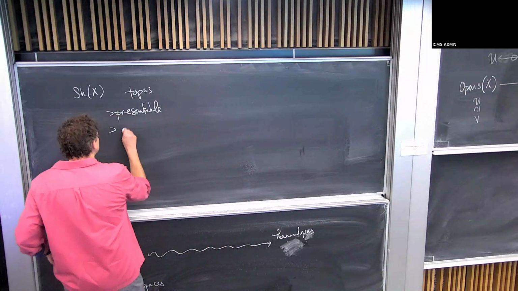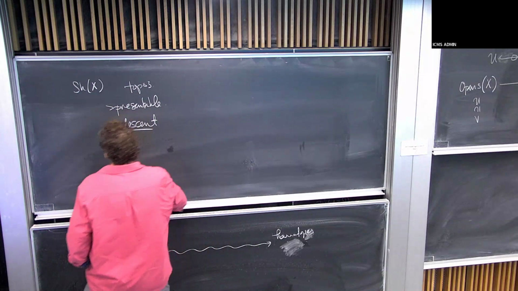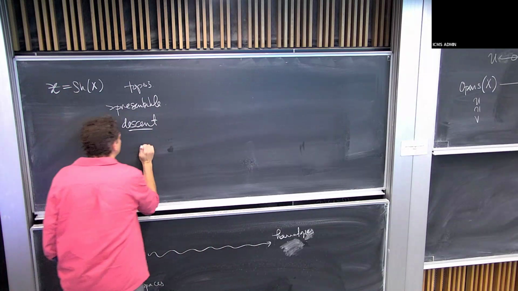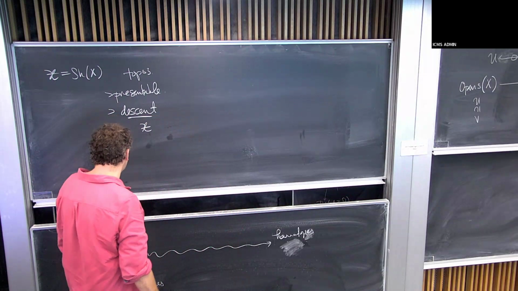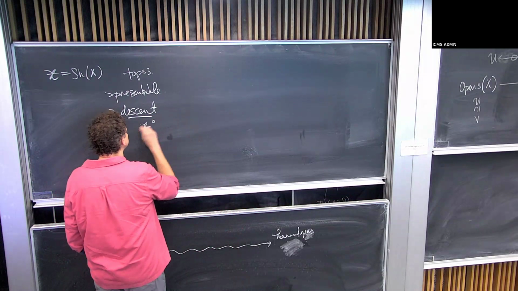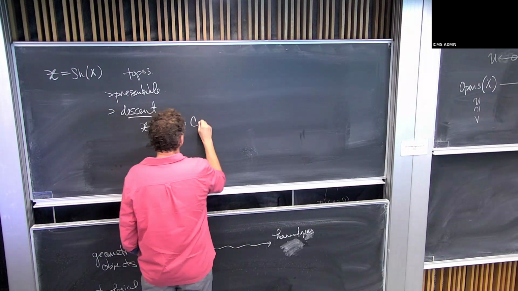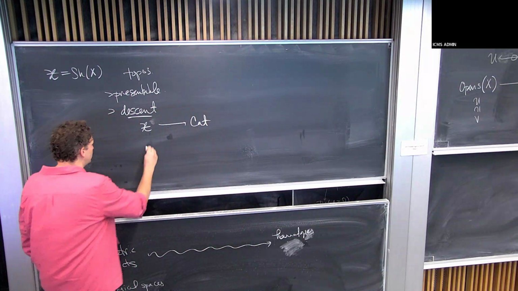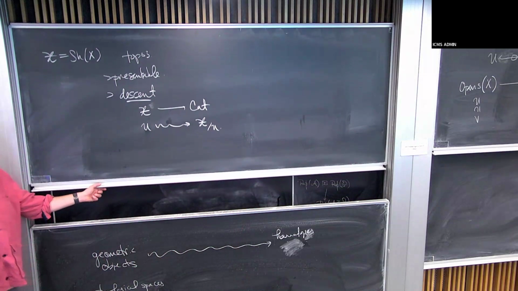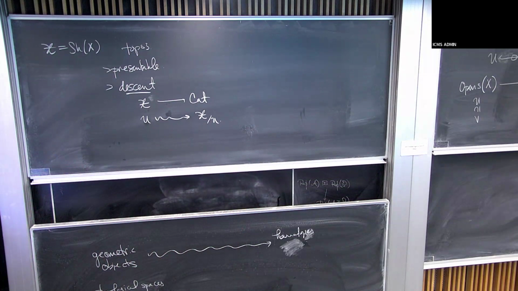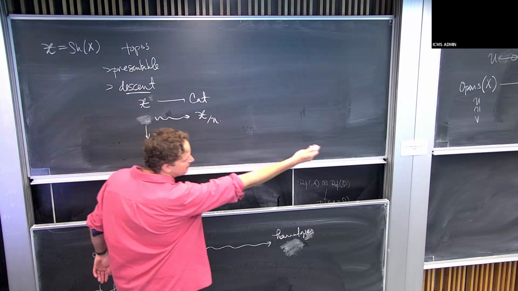It satisfies a descent condition. So the descent condition goes like this. I'm going to call this scripty X just for a moment. Well, I can write down a functor from X to categories that carries U to objects over U. And if I've got a map, maybe I shouldn't call this U because that was the name for my open.